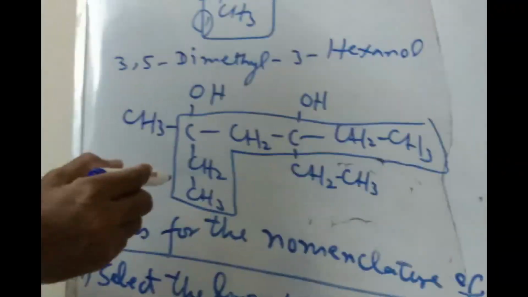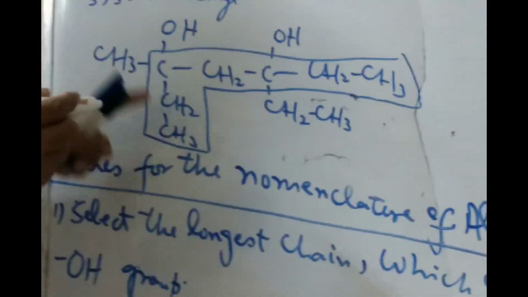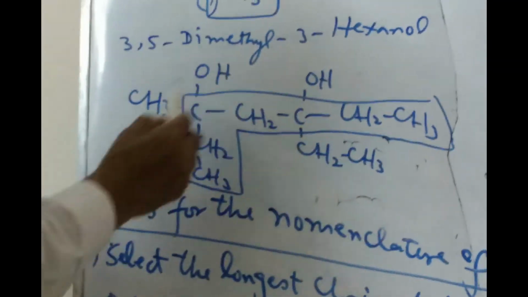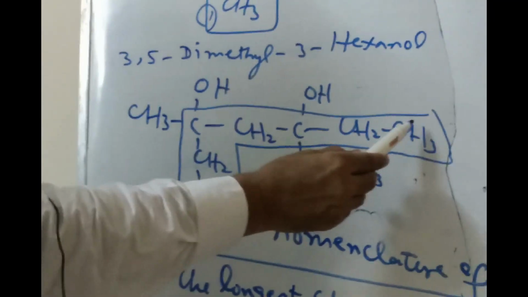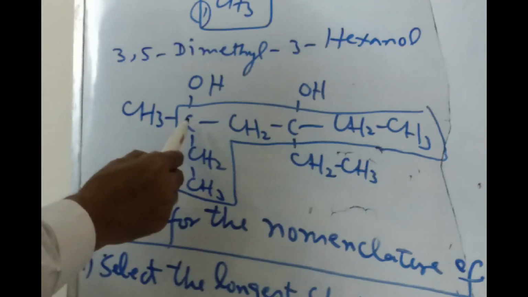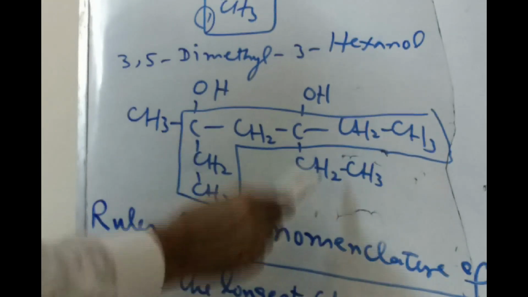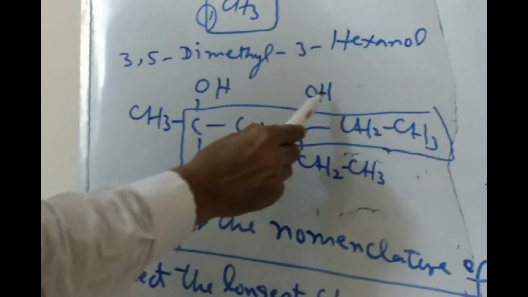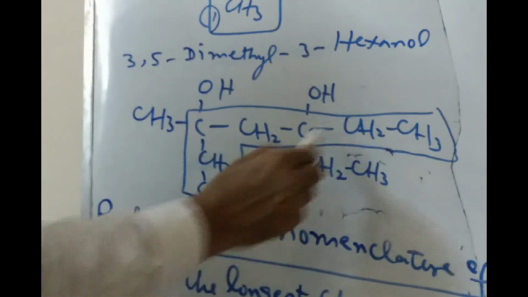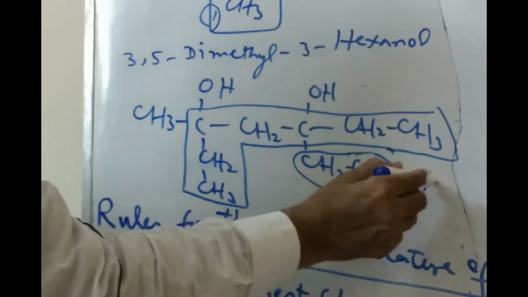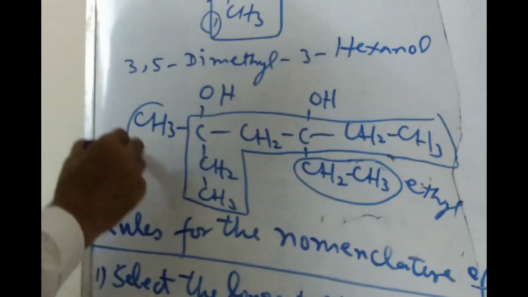Now we want to see the position of this OH. 1, 2, 3, 1, 2, 3. So both sides attain the same position. But in this case, methyl and ethyl, since the position of OH is the same, ethyl is written first according to the alphabetical order. So this is the ethyl and this is the methyl.